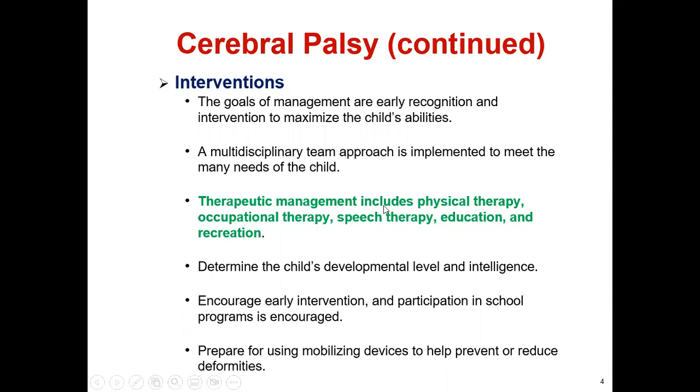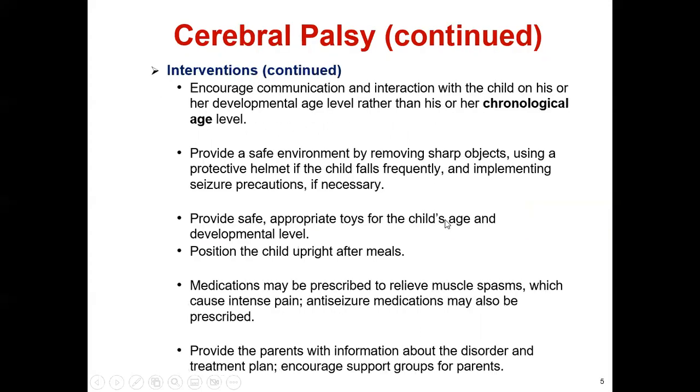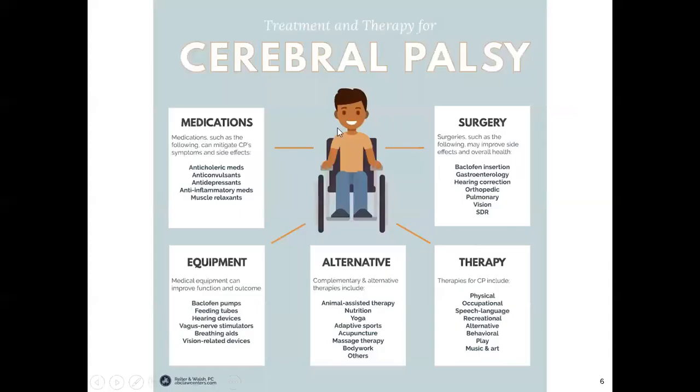Therapeutic management includes physical therapy, occupational therapy, speech therapy, education, and recreation is important. So in this flowchart, we can see the management and treatment.